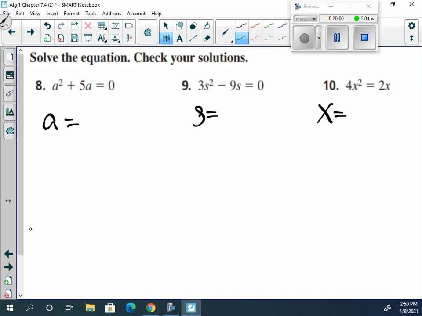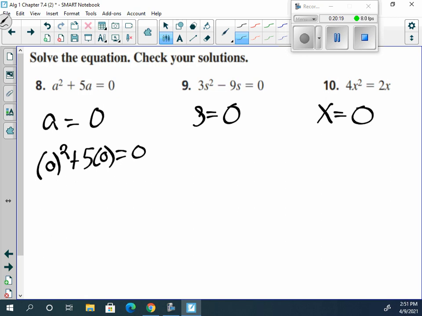What is one of the solutions we know for all three of these here? Because we only have variables. Here I can even check it. 0 squared plus 5 times 0 equals 0. Well, 0 times itself is still 0. 5 times 0 is 0, and 0 plus 0 is 0.